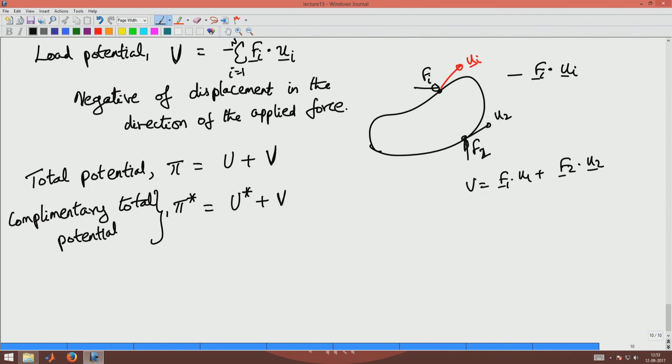Okay. So, basically we have seen what a strain energy is, what complementary strain energy is, what load potential is, what total potential is, and what complementary total potential is. Okay. Now, to solve problems, just like we had 4 concepts, what you have to do is minimize this potential in terms of some unknowns that yields us the solution to the boundary value problem in energy formulation.